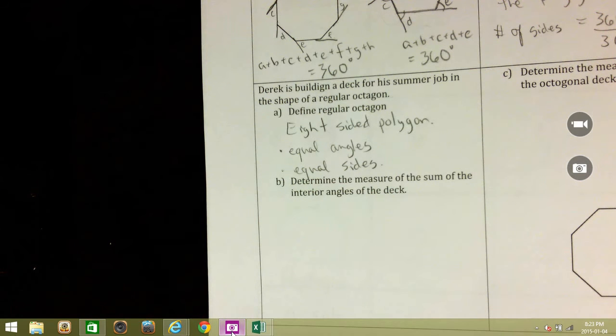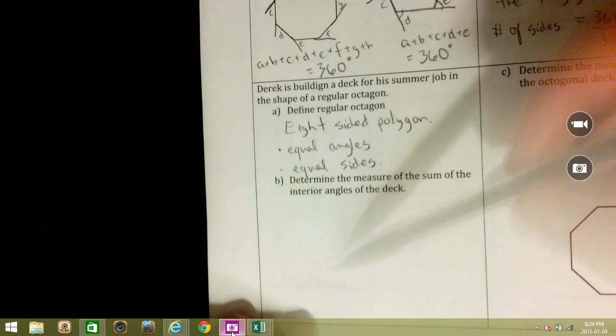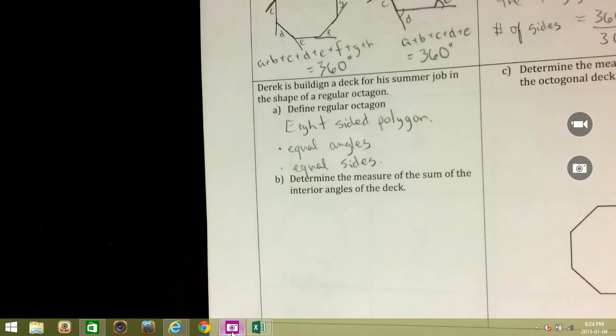Alright. The interior angles, again, this is what we did before. If we recall, the sum of interior angles is n minus 2 times 180 degrees.